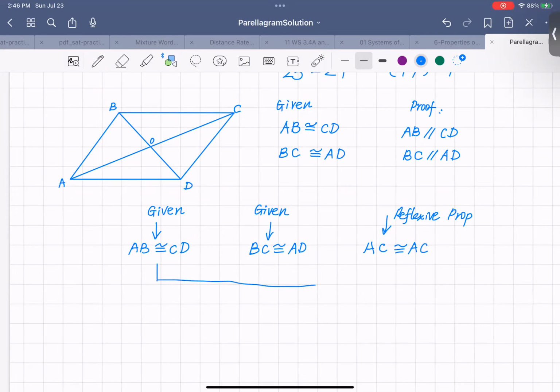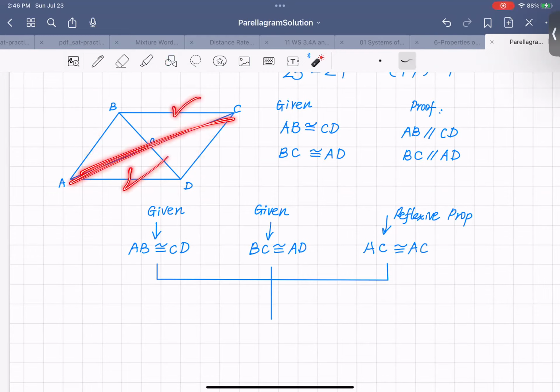In geometry, the hard part is not the calculation. It is the proof parts. When you have the opposite sides congruent, you have these two triangles identical. If you know the three sides of a triangle, then it's only one shape.